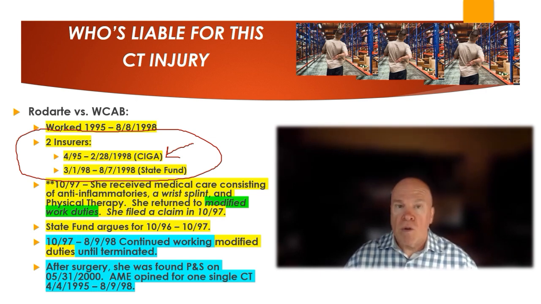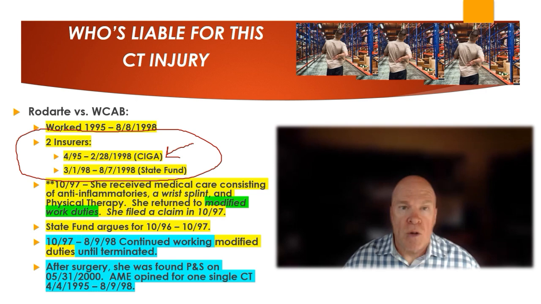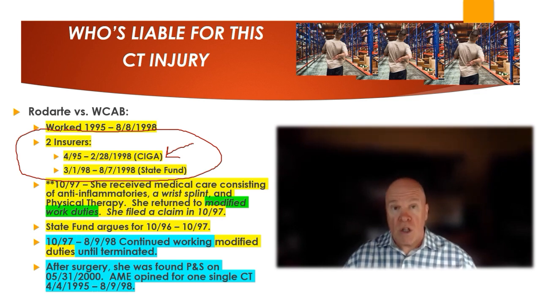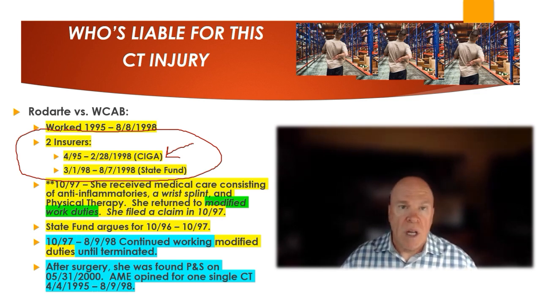And she received physical therapy treatment. So there's the medical treatment, which established the disability in the Wright case. And she returned to modified work duties, which State Fund is going to argue constitutes disability. Now, it's interesting because modified work duties are work duties that are accommodated by the employer.